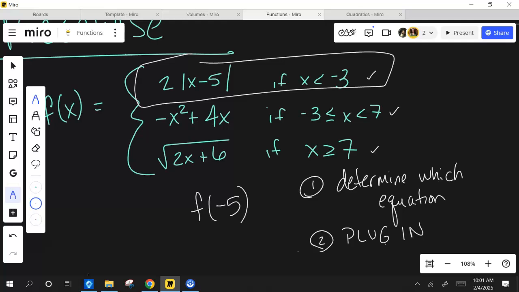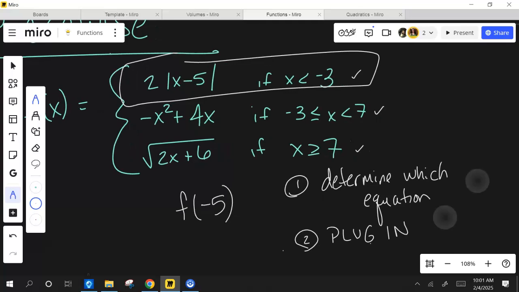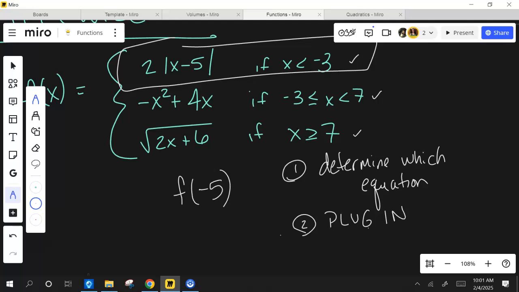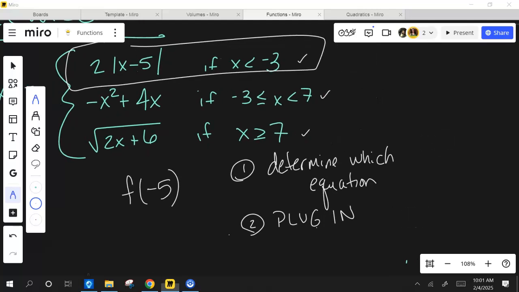This is whenever I'm evaluating a piecewise, okay? Now, so f of -5, I've already decided that it's the first equation, because -5 is smaller than -3. All right, so I'm going to plug -5 in for the x.